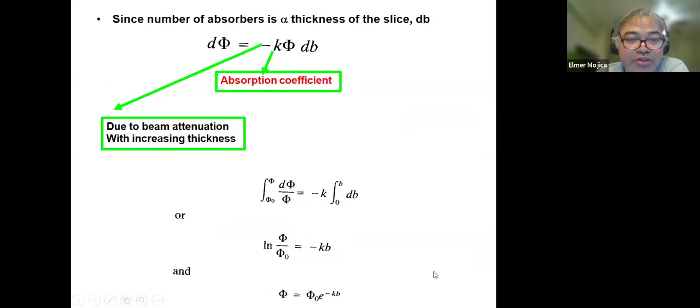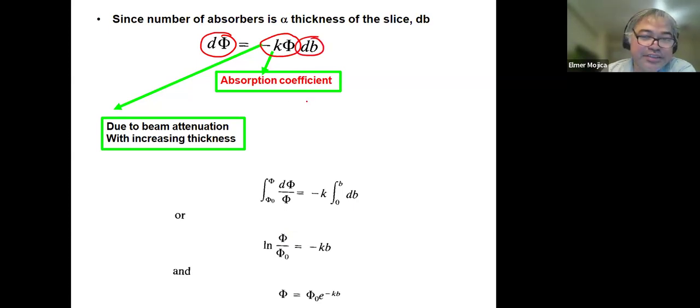Since the number of absorbers is proportional to the thickness of the slice, we're going to have this relationship, with dB here, and this is your absorption coefficient.